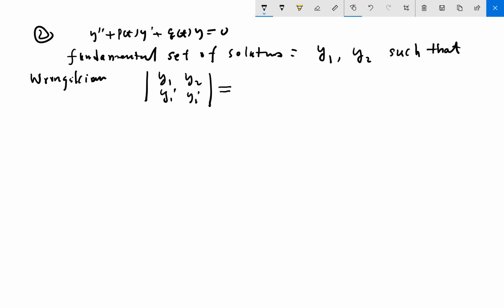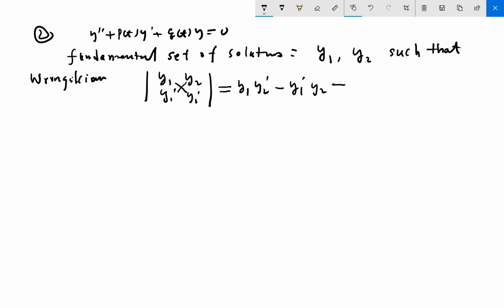You know how to find this determinant, right? It's y1 times y2 prime minus y1 prime times y2. You multiply those two, subtract those two.